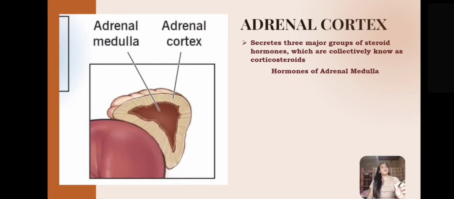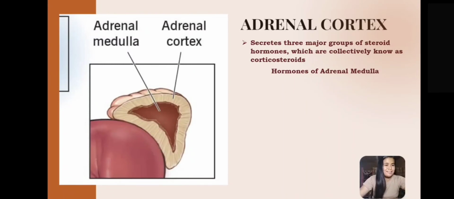So, our adrenal cortex, it releases 3 major groups of steroid hormones, which are collectively known as corticosteroids. So, these are the hormones of our adrenal medulla. Adrenal cortex, I'm sorry.